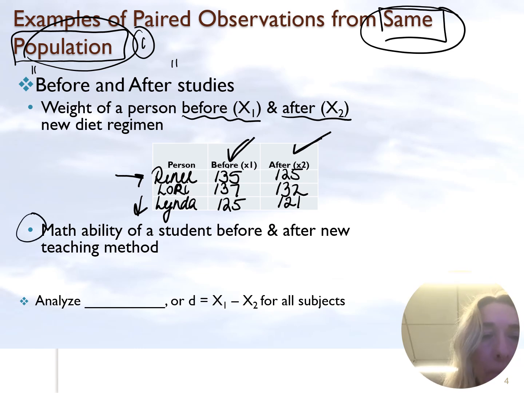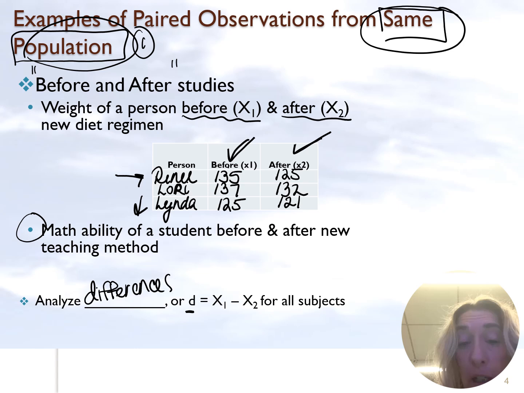With before and after studies, what we're actually statistically analyzing, as you will see, are the differences, which we call D, for each subject. So we analyze each X1 minus X2, and we do this for all subjects.